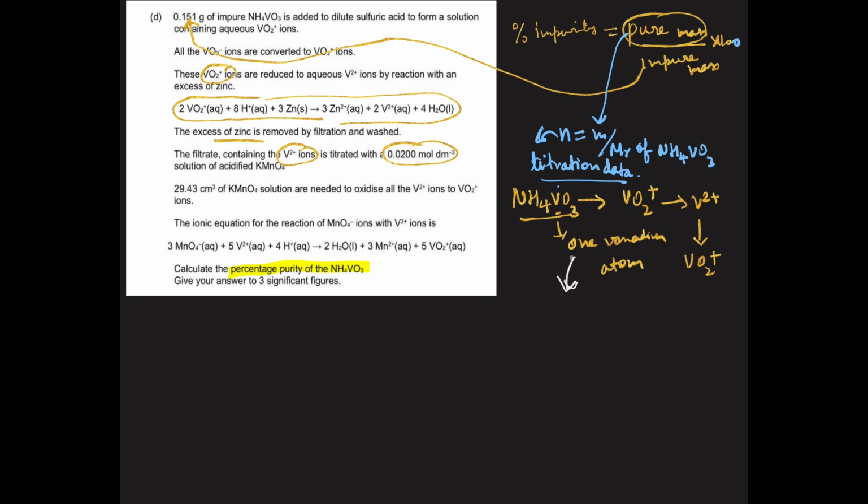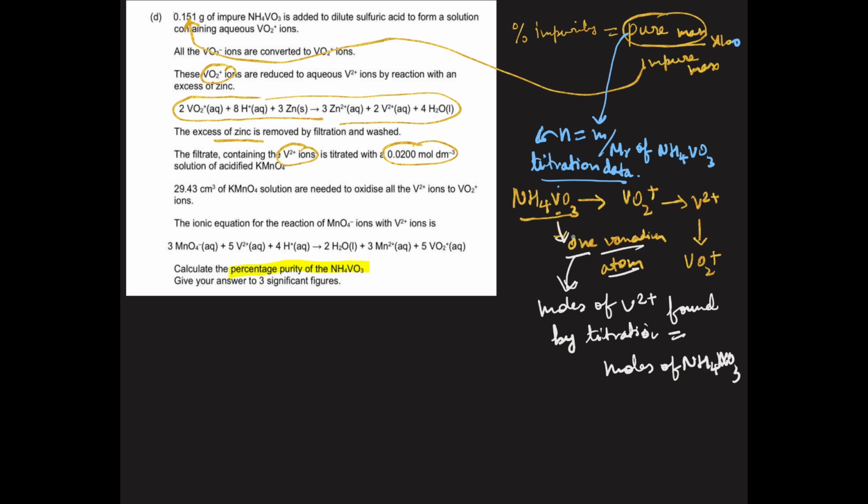Moles of V²⁺ found by titration will be equal to the moles of NH₄VO₃. Why? Because if you see, there is one vanadium atom per molecule. So one molecule contains one vanadium atom. Therefore, whatever is the moles of vanadium will be the moles of the entire NH₄VO₃.